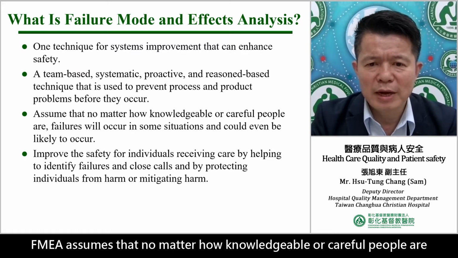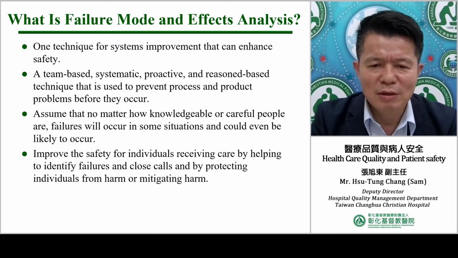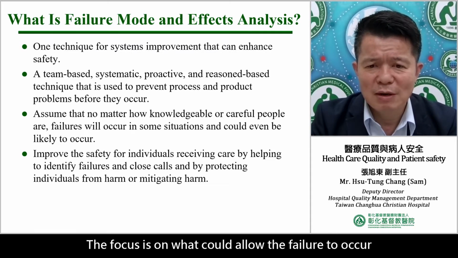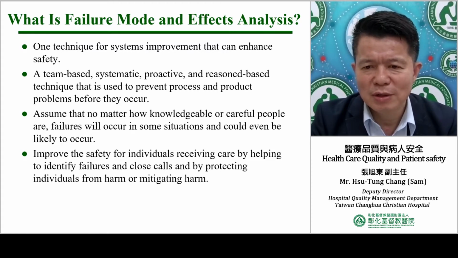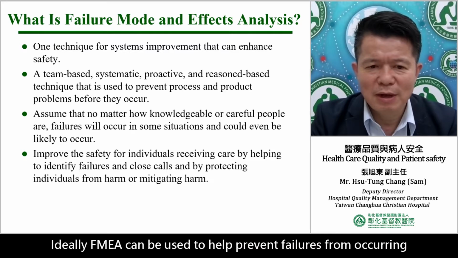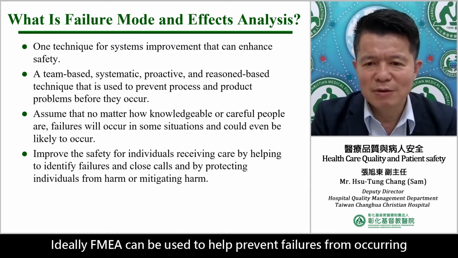FMEA assumes that no matter how knowledgeable or careful people are, failures will occur in some situations and could even be likely to occur. The focus is on what could allow the failure to occur. Ideally, FMEA can be used to help prevent failures from occurring.